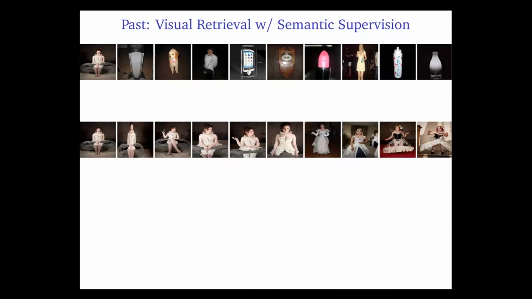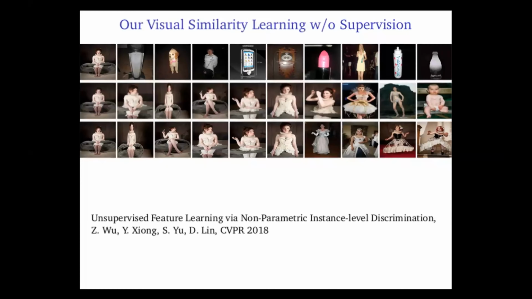It only picks out what seems like the same model in different poses in the same dress. That's great, right? The second row is our result. You trained on the ImageNet data without using any labels. Our results are getting close to the labeled training problem, right?